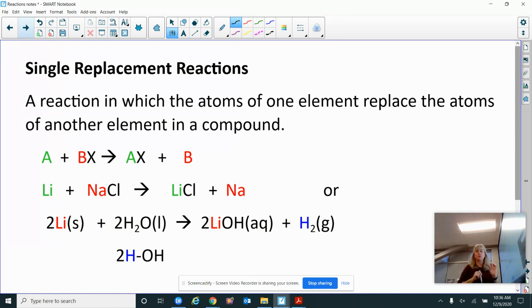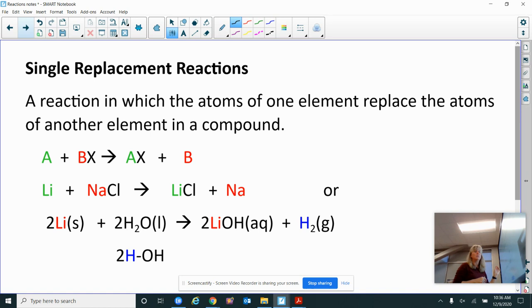The next type is called single replacement. Single replacement is when you have one element by itself. It might be one of the Hofbrinkel ones, so it could be like Br2, Cl2, whatever, but it's a single element with a compound, and the element has the ability to replace something that's like it.